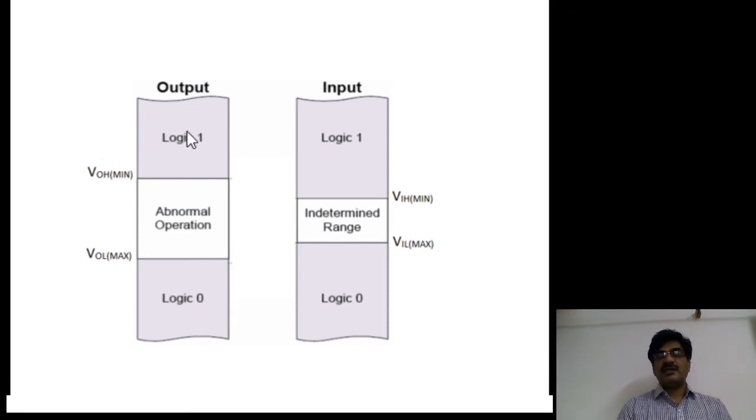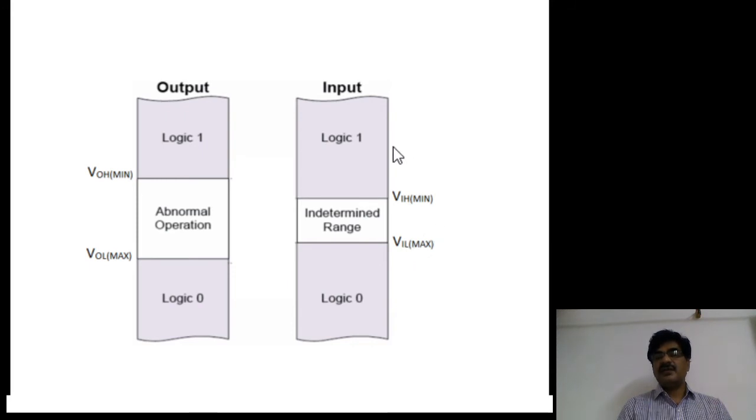Similarly, in case of logic high, this is the minimum value of the range. So that's why VOH is called the minimum high level output voltage. Similarly, at the input side under low level, this is the maximum value, that's why it is called the maximum low level input voltage, VIL.